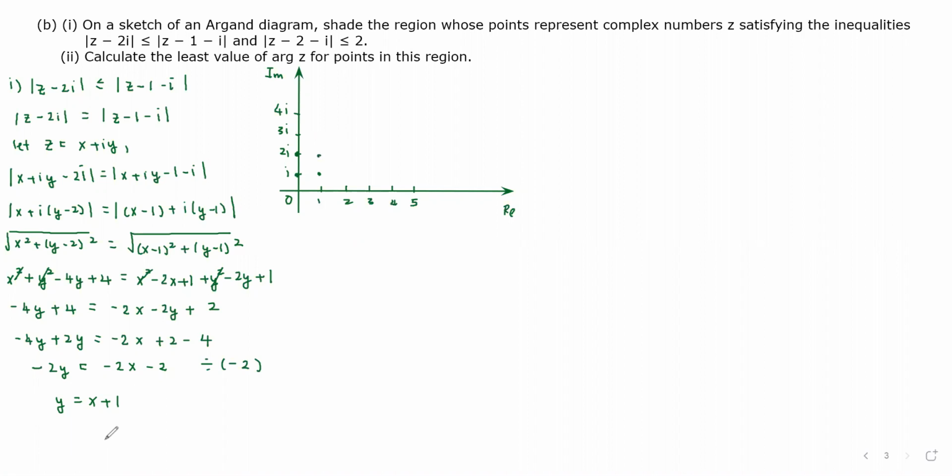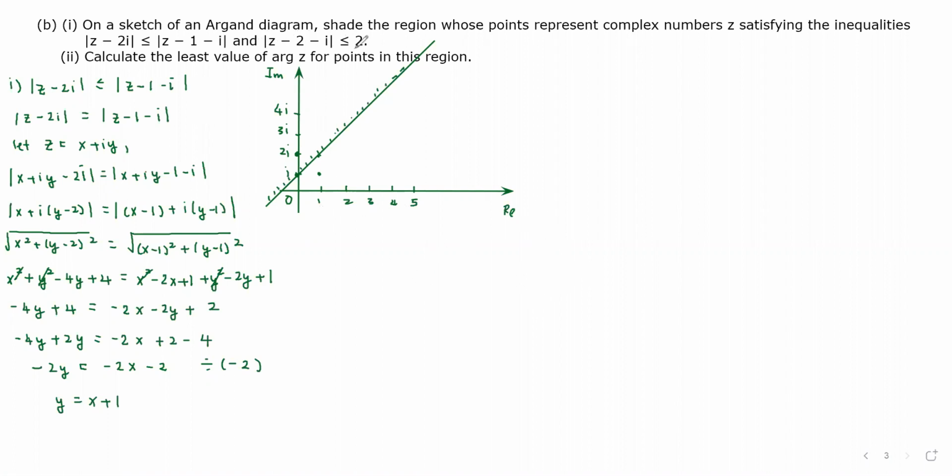So this line is just a straight line passing through those 2 points. And since the distance to the complex number is closer to 2i than 1 plus i, we are looking at the region above this line here, the perpendicular bisector.